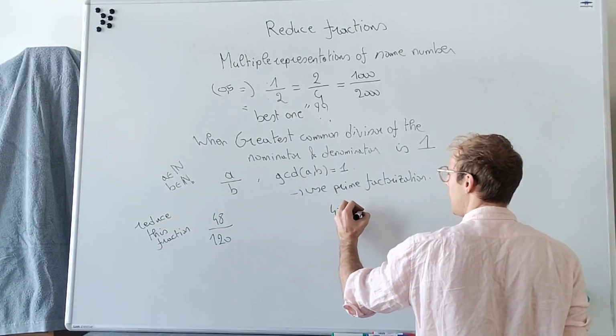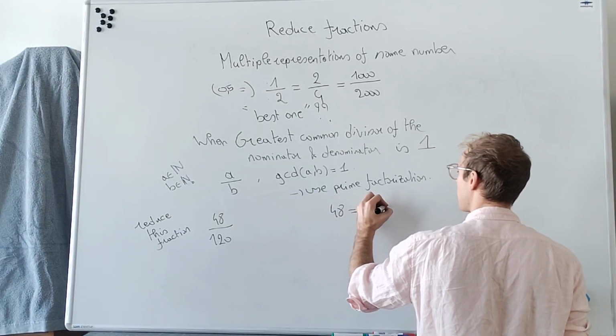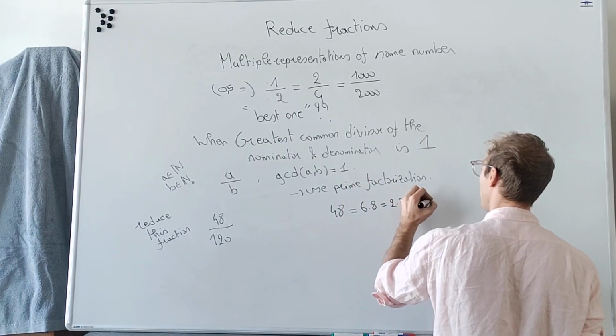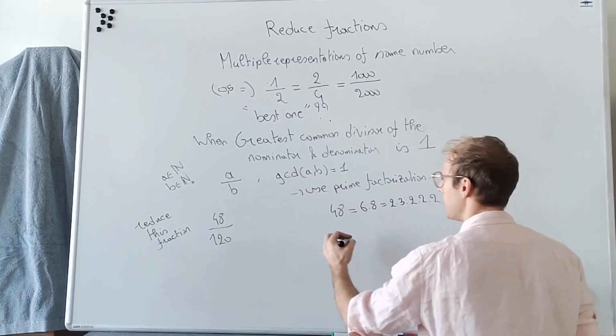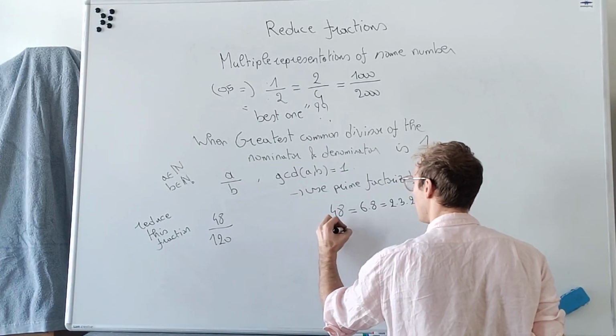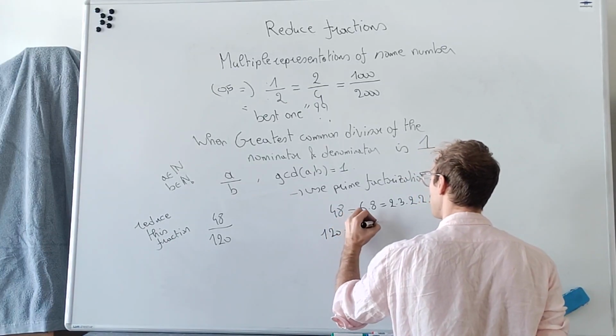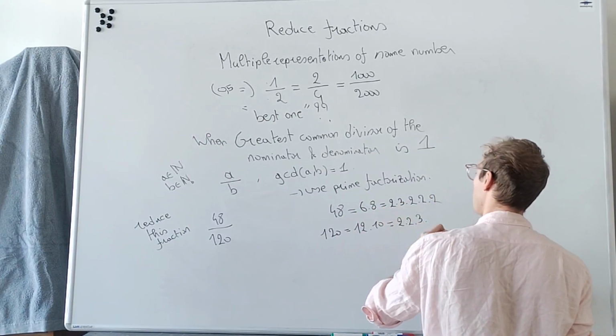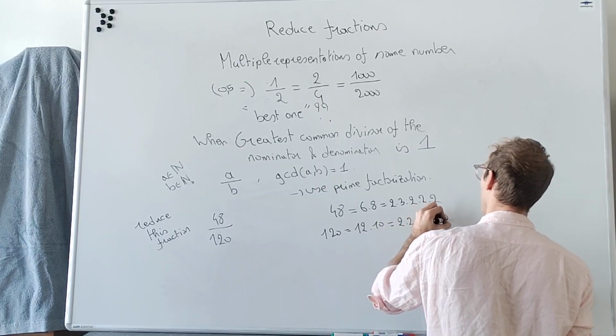Because 48 is just 6 times 8, and 6 is 2 times 3, and 8 is 2 times 2 times 2, so we're done. The same goes for 120. We can write it as 12 times 10. 12 is 2 times 2 times 3. 10 is 2 times 5.